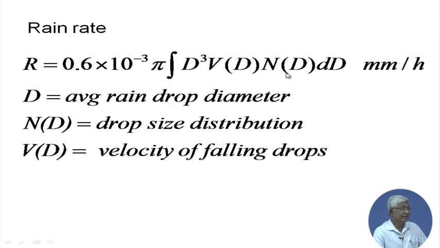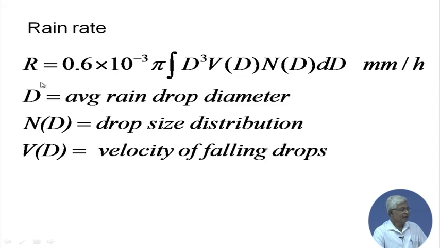So that is the density of the raindrops. Whether you take the unit as cubic meter, cubic centimeter or cubic millimeter, there is a distribution which will vary spatially, from place to place.